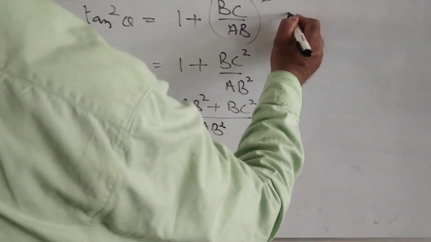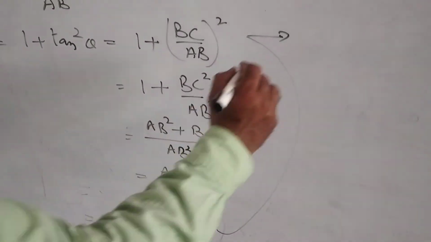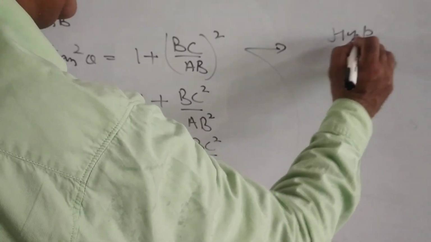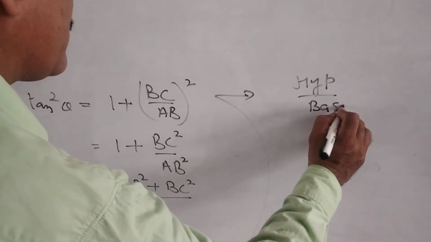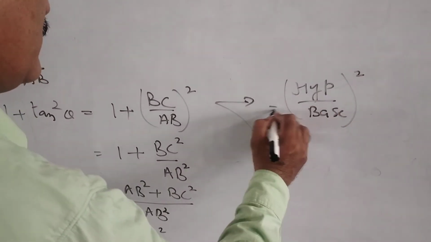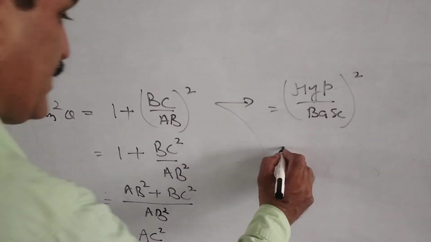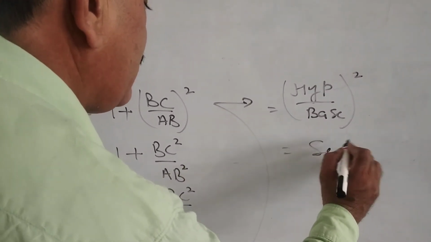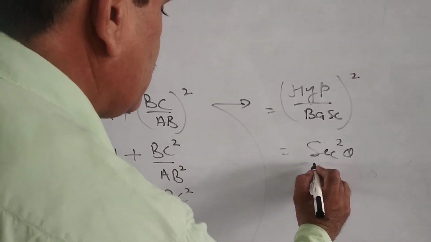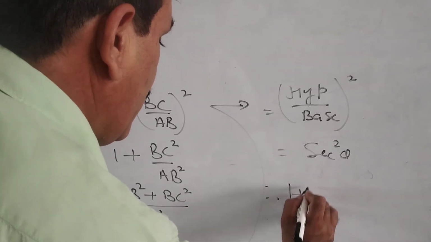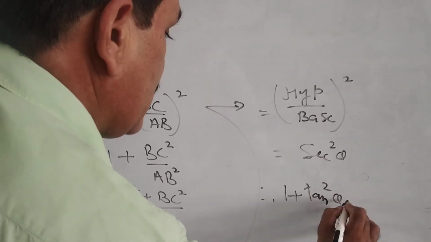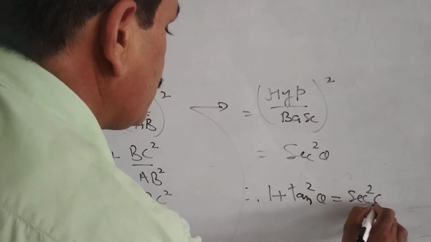So what is AC here? AC is hypotenuse. So hypotenuse over base whole square. Hypotenuse over base is secant theta. So it is secant square theta. So therefore, 1 plus tan square theta is equal to secant square theta.